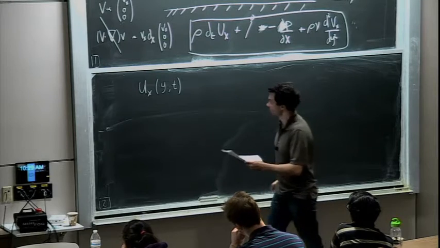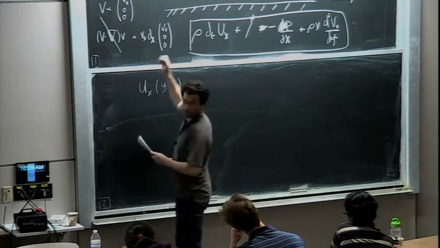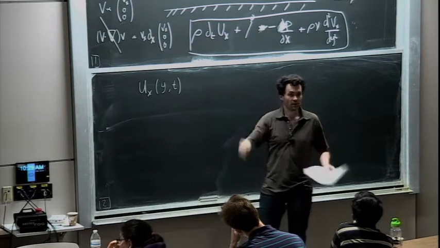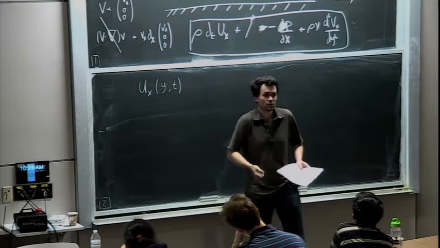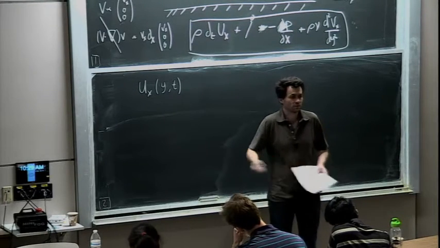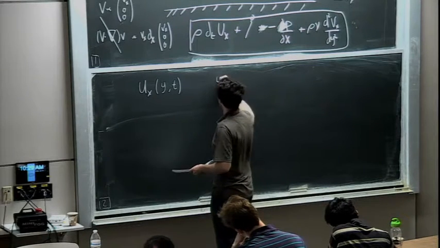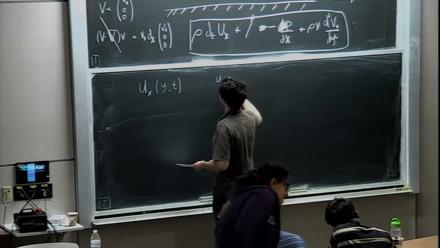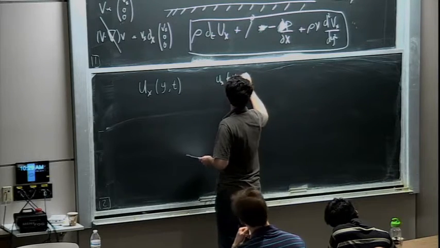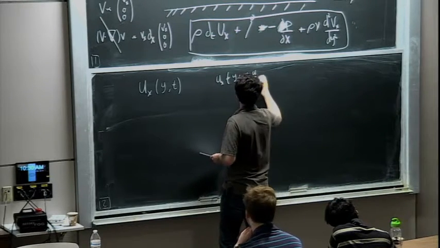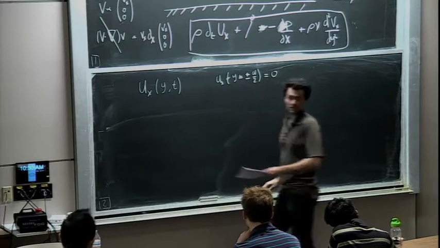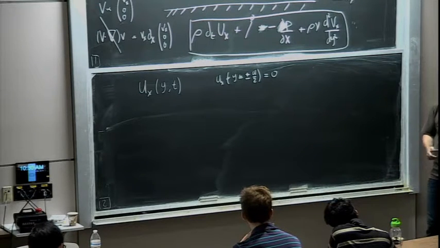And the boundary conditions we're going to take, the boundary conditions of the Navier-Stokes equation, are no slip: there's no velocity tangential to the boundary at the boundary. So we want ux at y equals plus or minus a over 2 to be equal to 0.